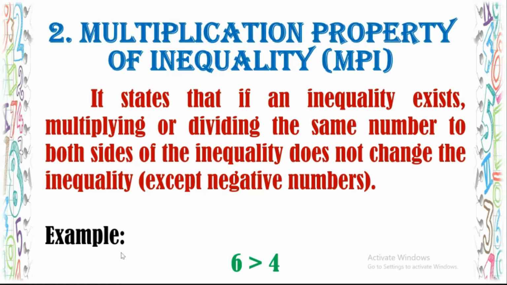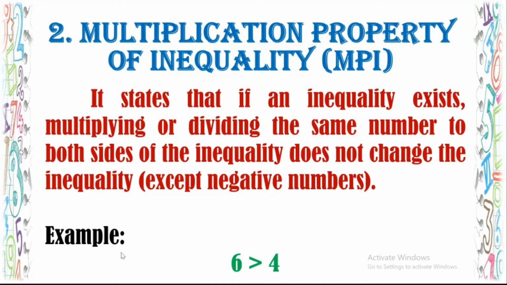Take note that the inequality now is a false statement. The same is true when we divide both sides of the inequality by negative 2. So we have negative 3 is greater than negative 2, which is again a false statement.